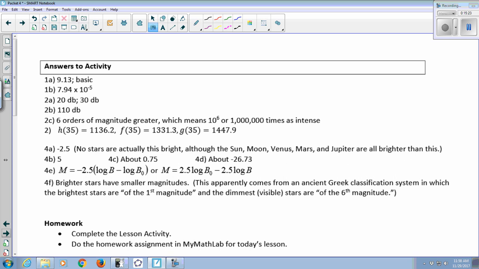So that is weird, right? It feels weird, and it apparently comes from an ancient Greek classification system where the brightest stars were of the first magnitude and the dimmest were of the sixth magnitude. So the brightest ones had a smaller number. So in more modern times, we've kind of stuck with a similar system.